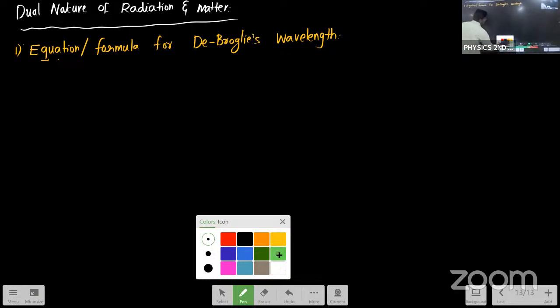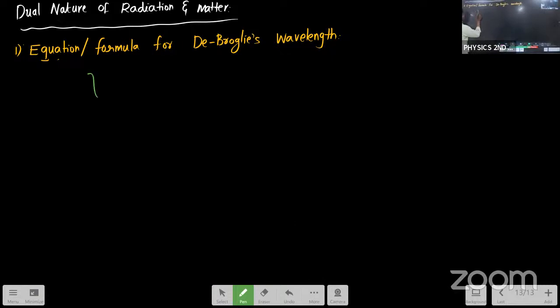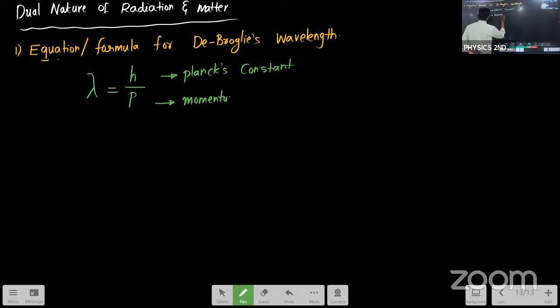So what is the formula for that? The de Broglie wavelength is given as lambda is equal to h divided by p, where h is called Planck's constant. And p is called the momentum of the particle.